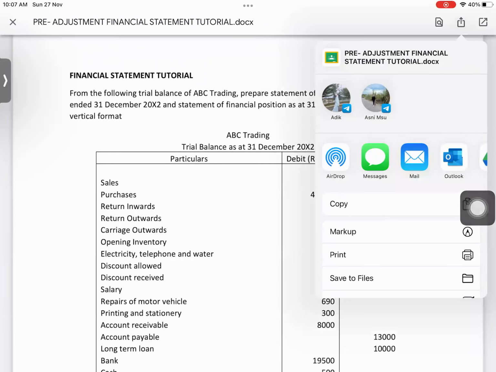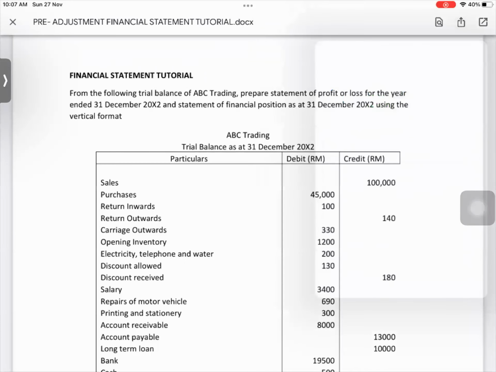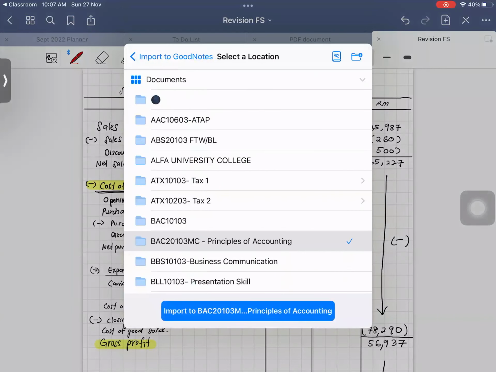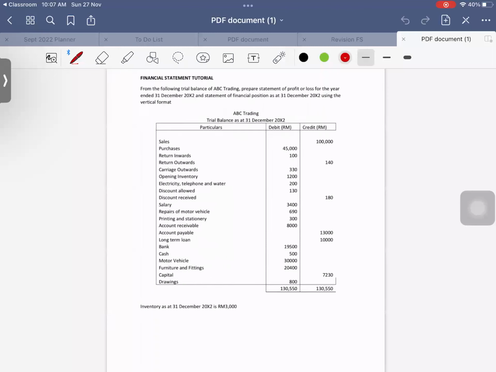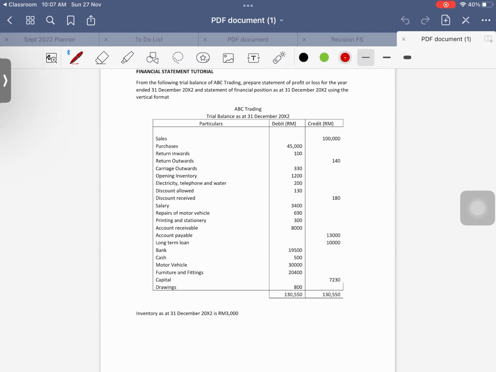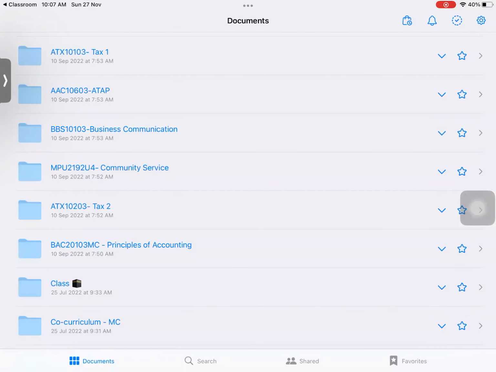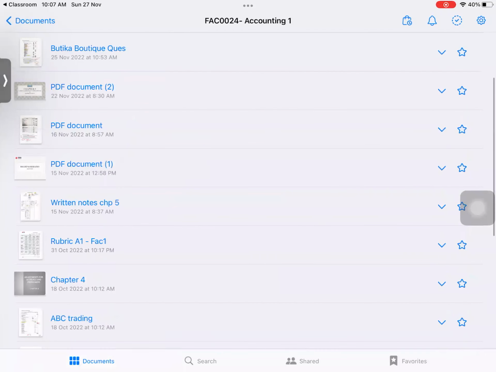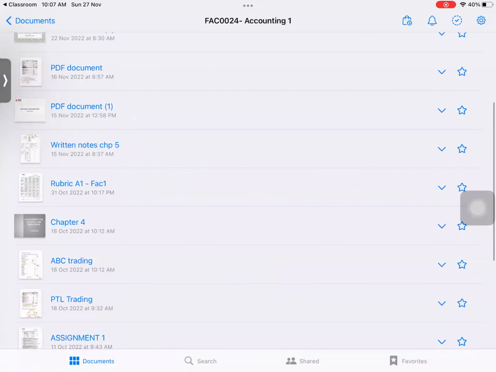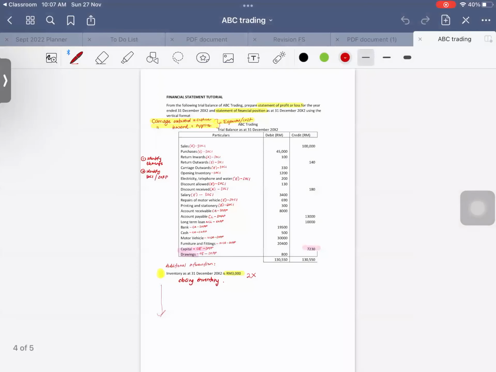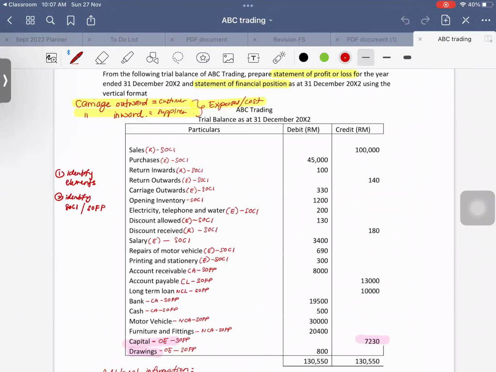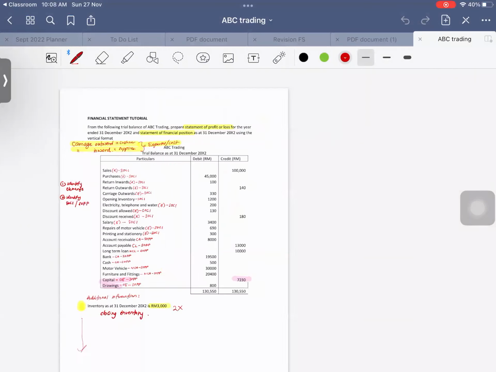Okay, tak apa. Bukanlah ambil masa. Maksudnya, I dah buat dia punya SOCI. So, let me tengok ada tak. ABC Trading. Okay, kita boleh je move terus.